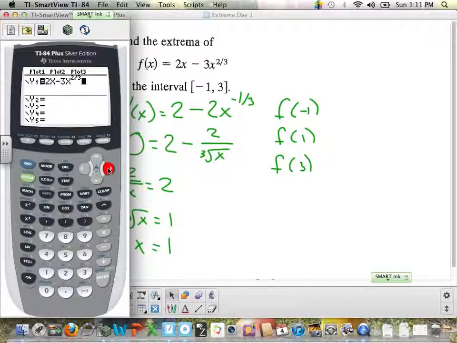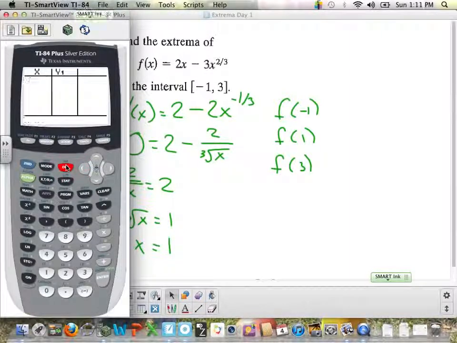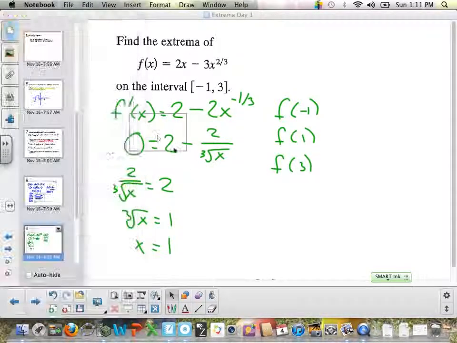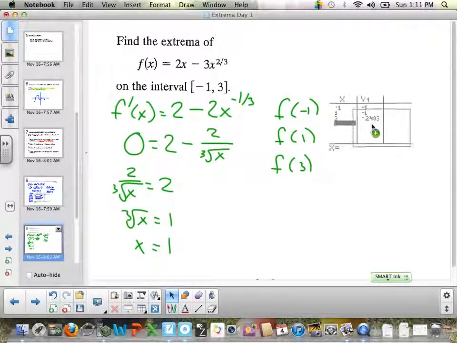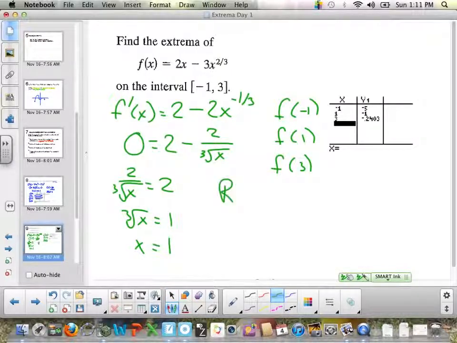All right, let's go ahead and check our table out. We'll clear out our old values. And we just need to check -1, 1, and 3. So we can see our relative max, or our absolute max, sorry, because this is a closed interval.